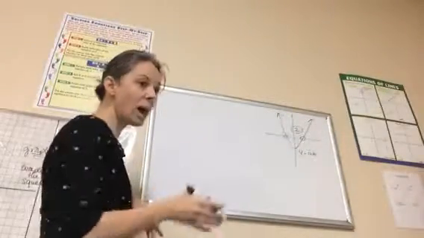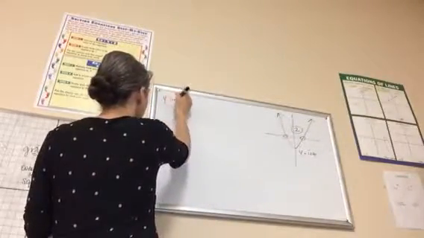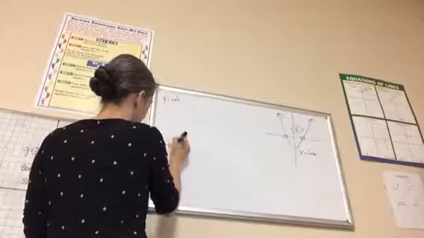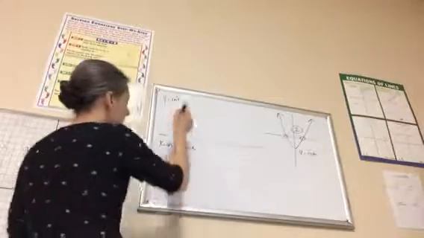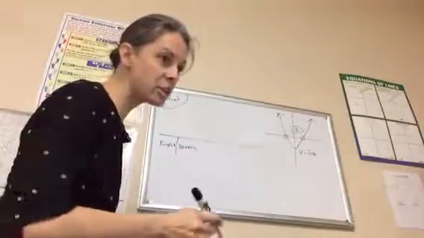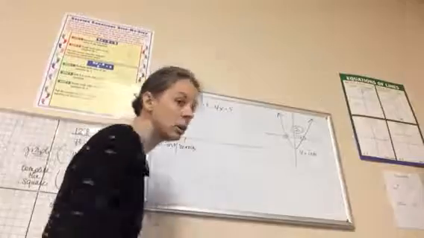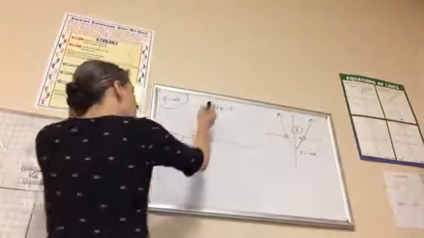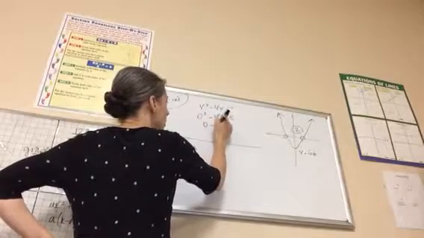So to find the y-intercept, let's divide the board in half. To find the y-intercept, x squared minus 4x minus 5, I put 0 in x's place.